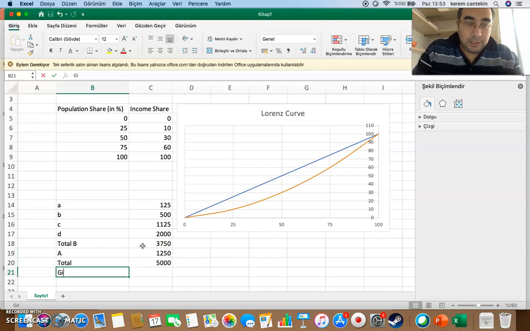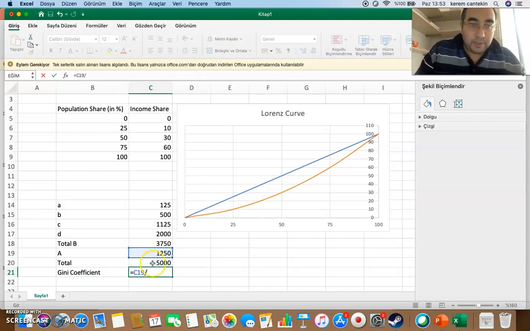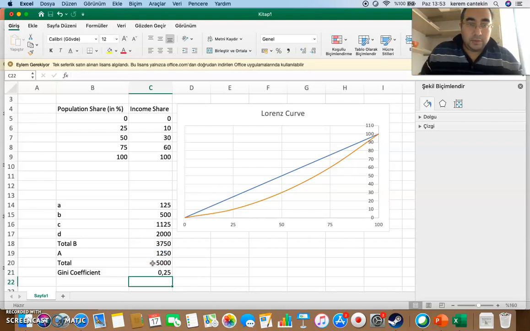And to calculate the Gini coefficient, I should basically divide area A by the total area. So my Gini coefficient is in this case actually very low, 0.25%.